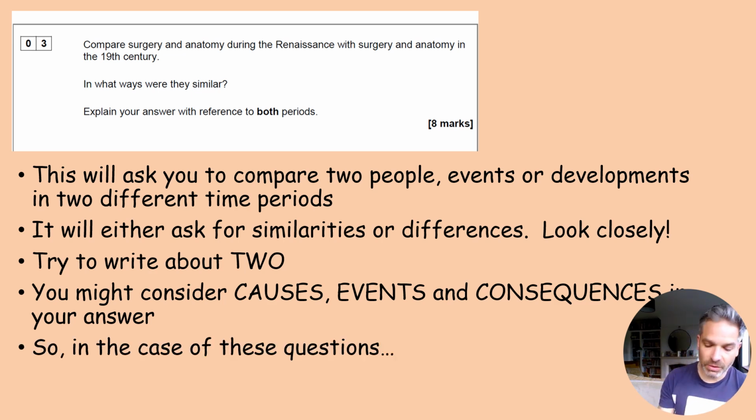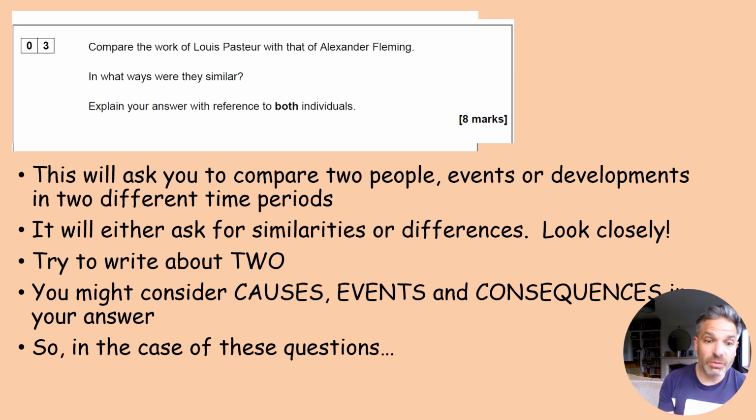There's another example on the screen there, which is comparing people, Pasteur and Fleming. So again, in this case, you might want to consider the consequences of their work. Both had profound consequences that were life-changing. So, for example, with Louis Pasteur, his work led to the development of vaccines, which saved many millions of lives, and Alexander Fleming's work on penicillin helped save many millions of lives as well.